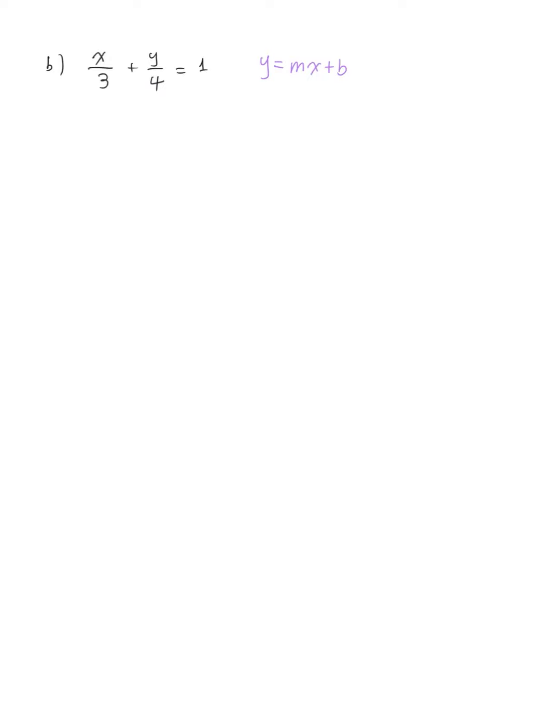Now, here is the trick. Multiply both sides by the least common denominator of 3 and 4, since 1 is the same thing as 1 over 1. So it basically boils down to the least common denominator between 3 and 4. I think that's 12, because 12 is the smallest number that both 3 and 4 go into nicely.